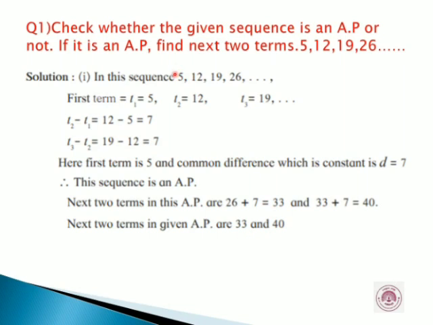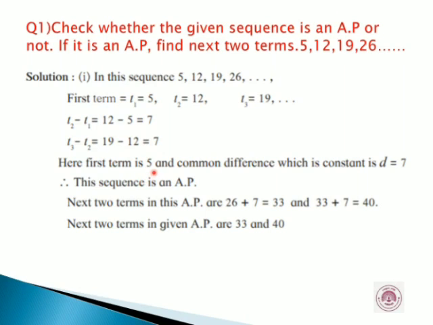So here the first term is 5. We write T1 is equal to 5. Second term T2 is equal to 12. Third term T3 is equal to 19. First we will find out the difference between two consecutive terms, that is T2 minus T1, that is 12 minus 5, equal to 7. Next is T3 minus T2, that is the third term minus the second term, 19 minus 12, equal to 7.